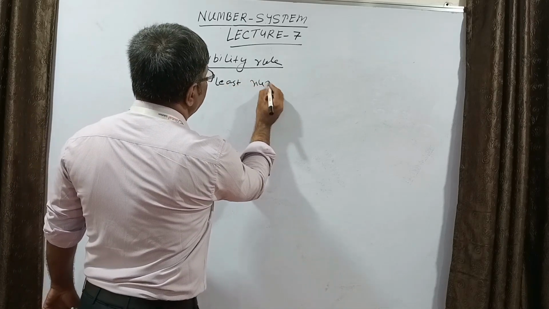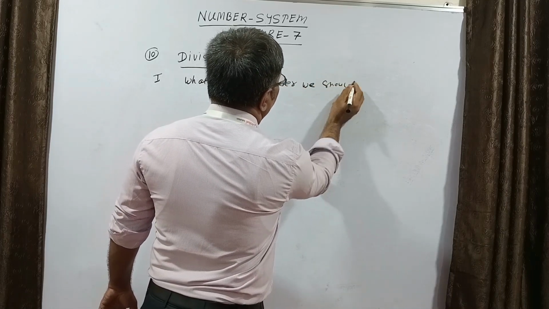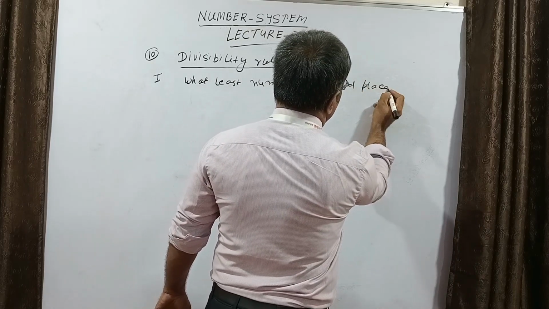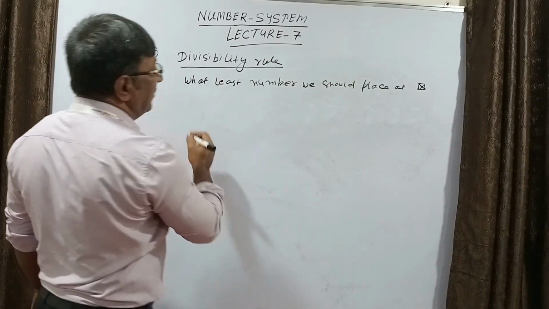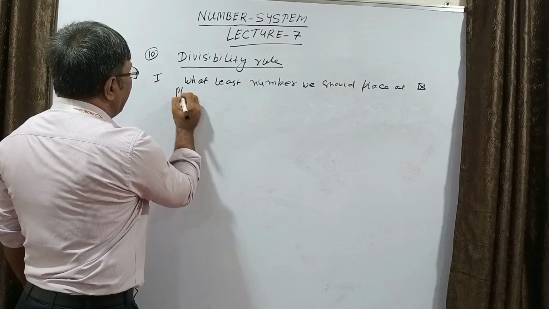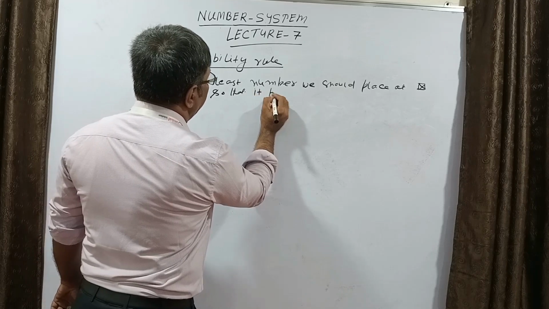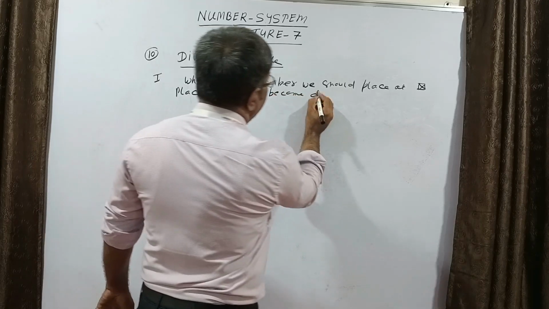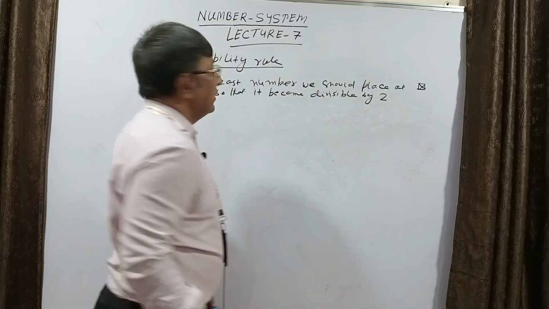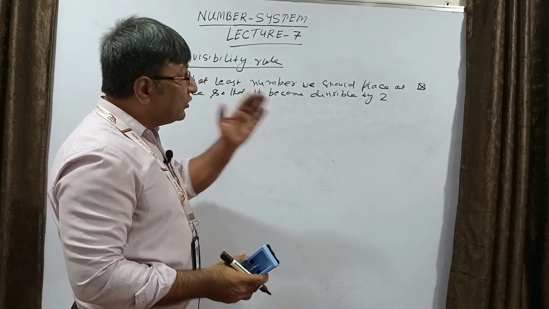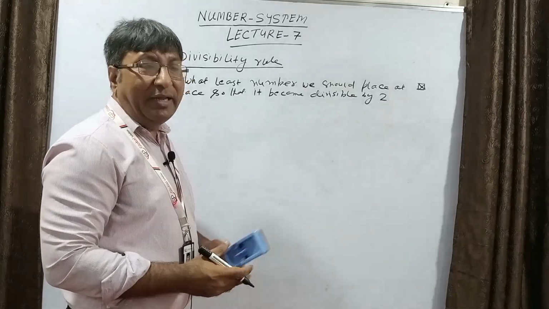What least number should we place at the star place so that it becomes divisible by 2?